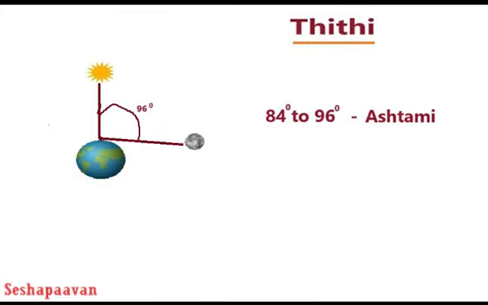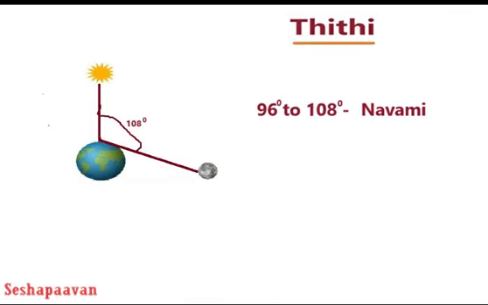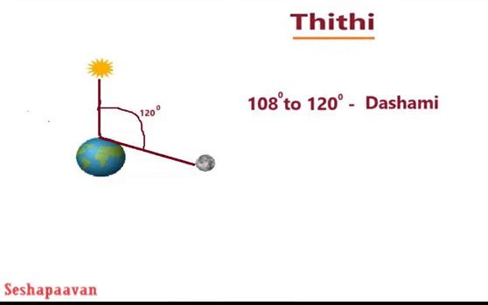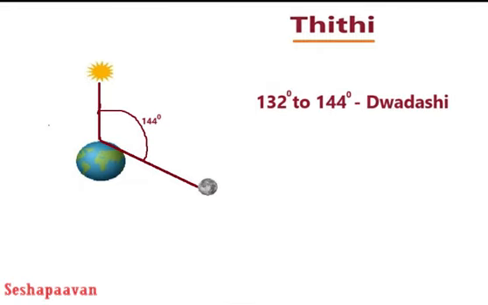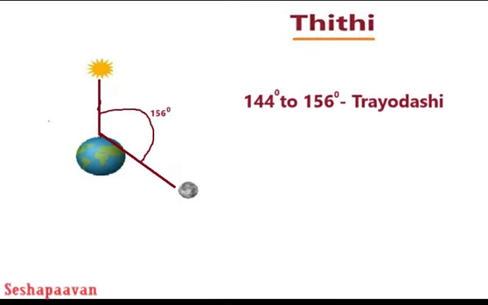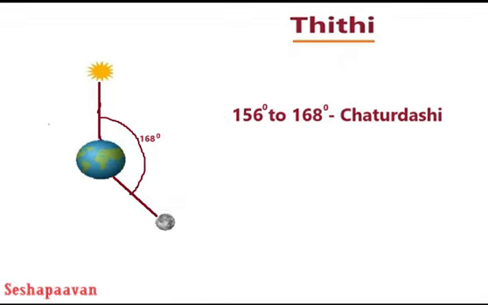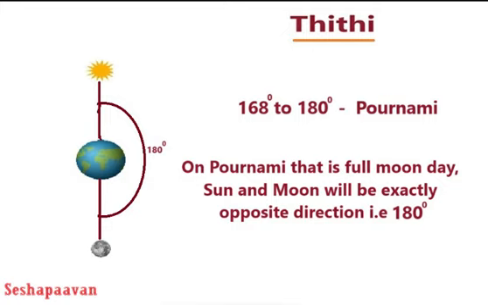84 to 96, Ashtami. 96 to 108, Navami. 108 to 120, Dashami. 120 to 132, Ekadashi. 132 to 144, Dwadashi. 144 to 156, Trayodasi. 156 to 168, Chaturdasi. 168 to 180 degrees, Paurnami.